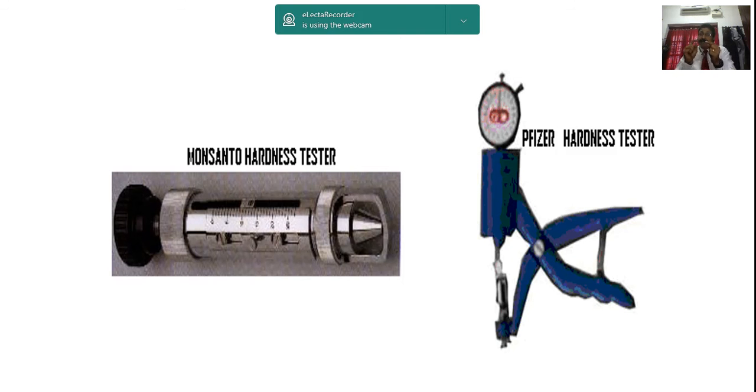There is a gauge at the top, and when you press it, the tablet will break, and immediately the needle will show how much pressure, how many kg of load you have given for breaking the tablet, so that it gives you the hardness of the tablet, to maintain the parameter given in the standard book of pharmacopoeia.